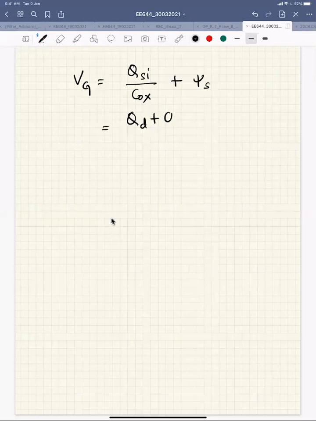If I now write down this equation, I know that Vg equals Q_Si by Cox plus psi s. So I have Qd plus Q inversion by Cox plus psi s.